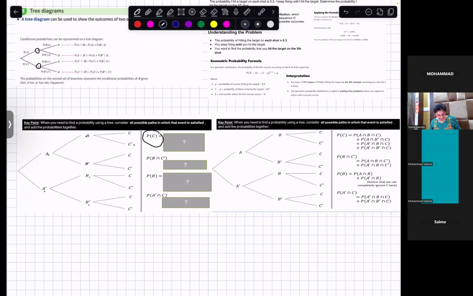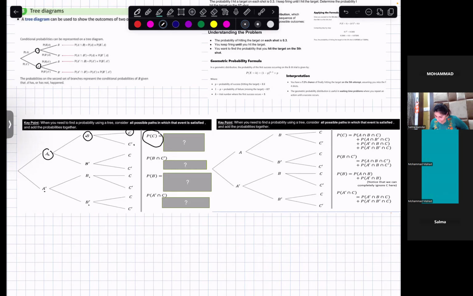Probability of C would mean probability of A intersection B intersection C. Only this much? No. There are going to be multiple ways.